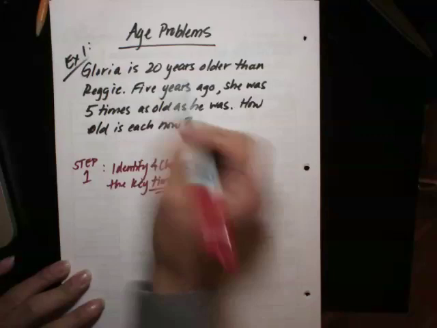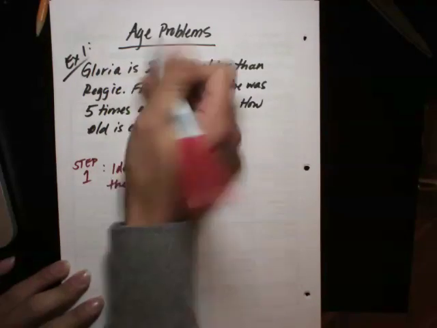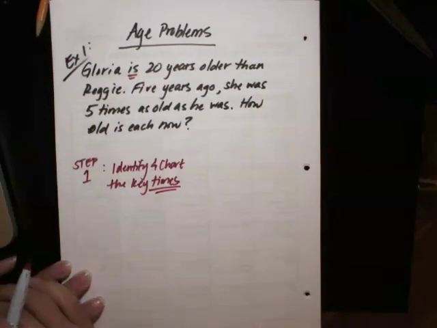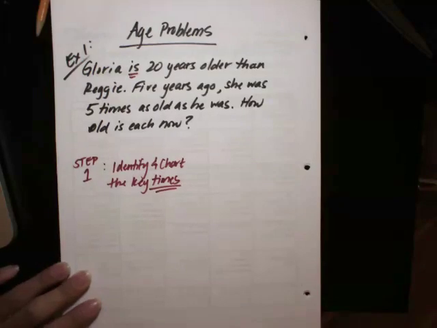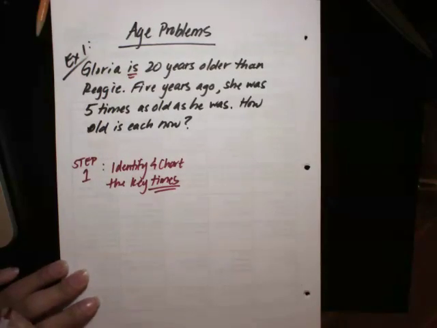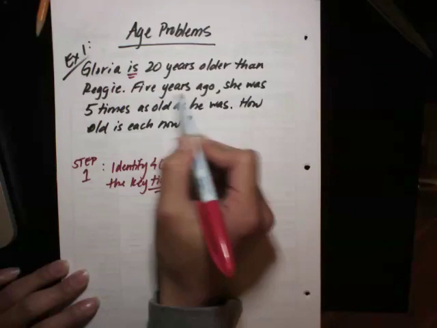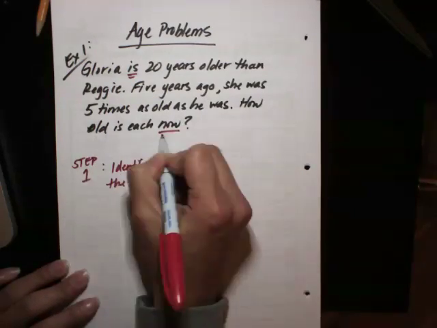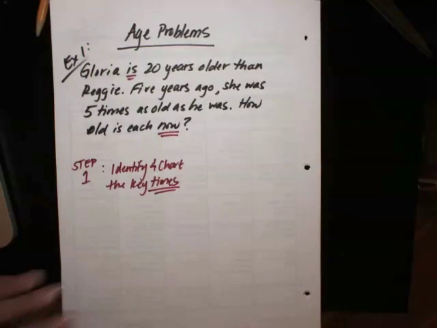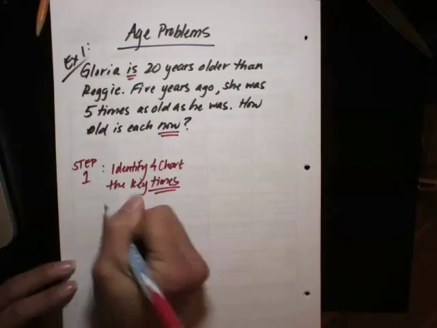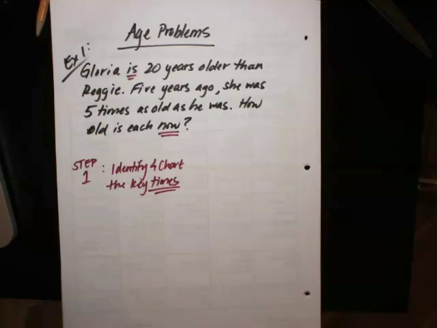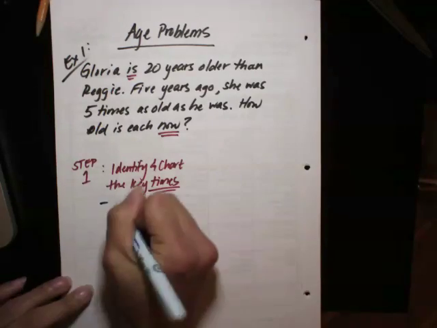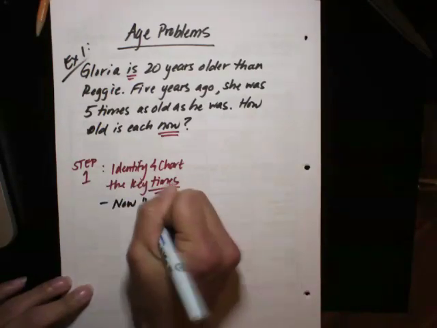Gloria is 20 years older than Reggie. The word is represents something that's happening in the present moment. And you can tell that because later on they ask you how old is each now. Okay, so one of the key times is going to be now, or the present.